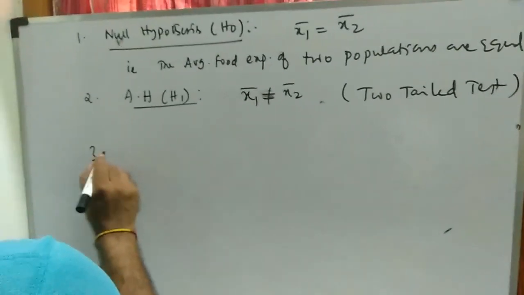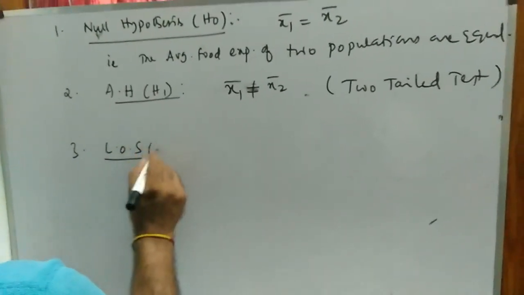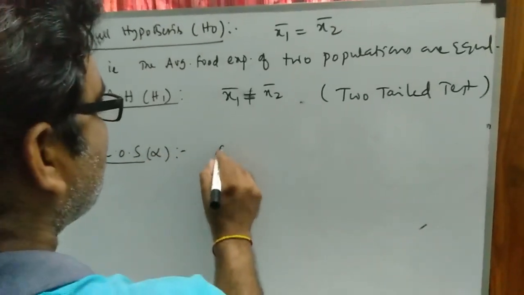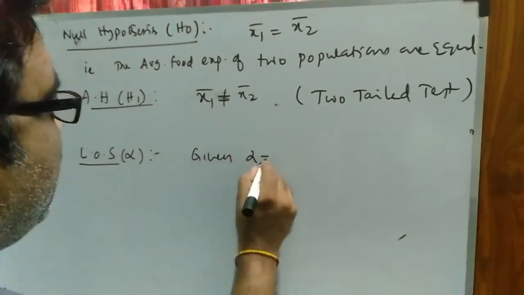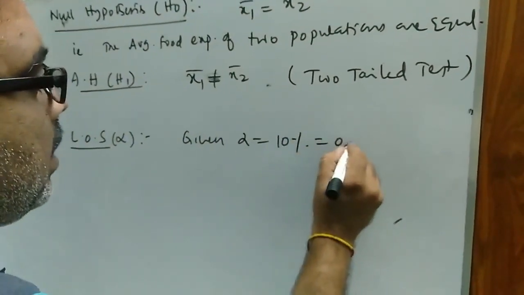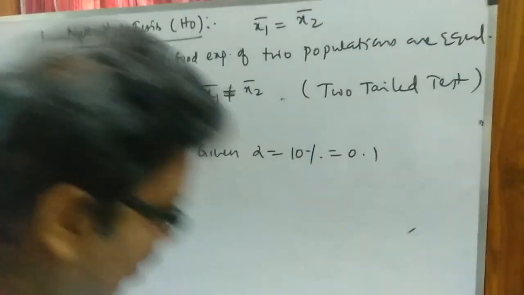Then the third one, level of significance. This is also given in the problem itself. So given alpha, what is alpha? Given as 10%, that is equal to 0.1.